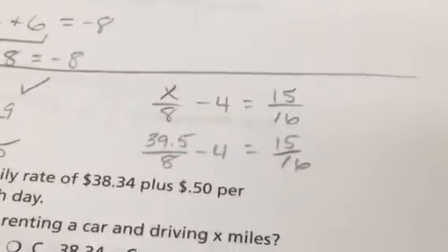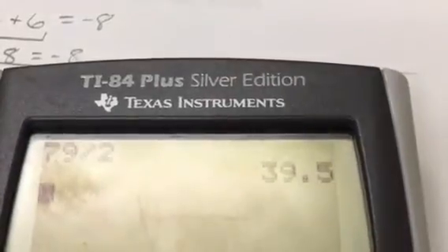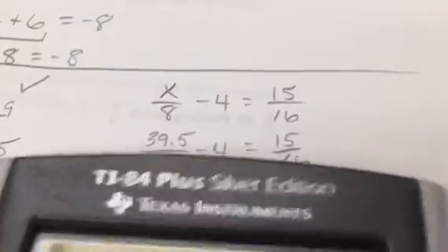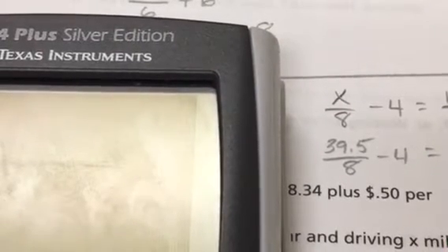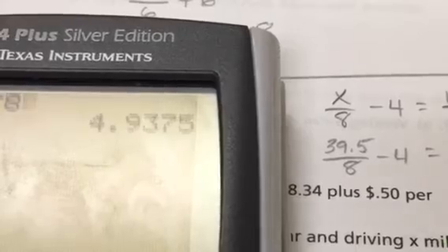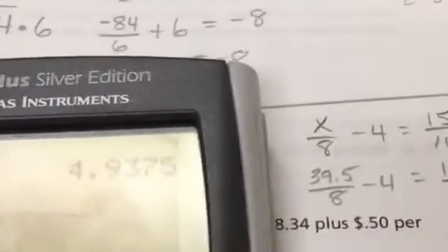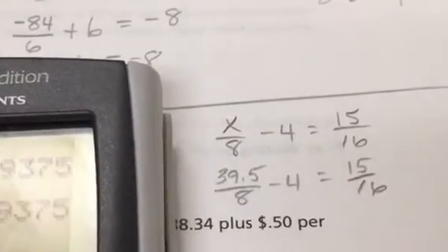Okay, well, let's type that into our calculator. We've got 39.5 divided by 8 gives us that decimal, and then we're going to subtract 4.